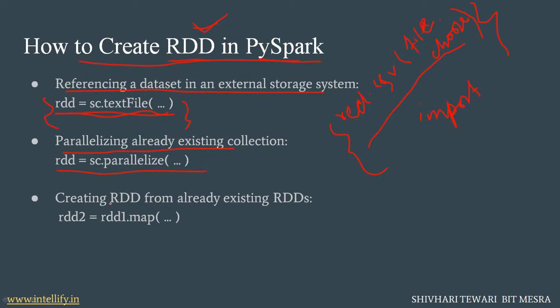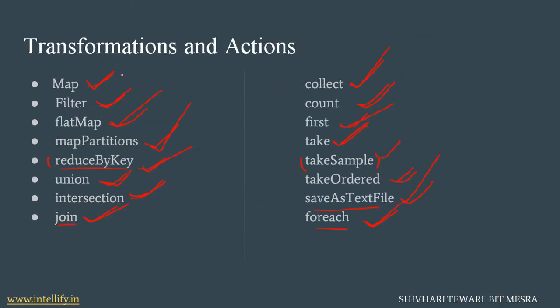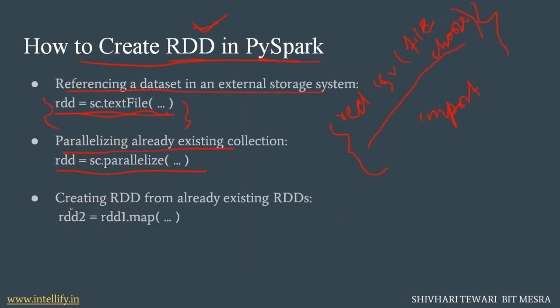Now, to create an RDD from already existing RDDs, we have to create another RDD, and we have to use the map function. If we talk about transformations and actions, map is used to collect the data. So we create RDD2, which is the new RDD we want to create, from RDD1.map.